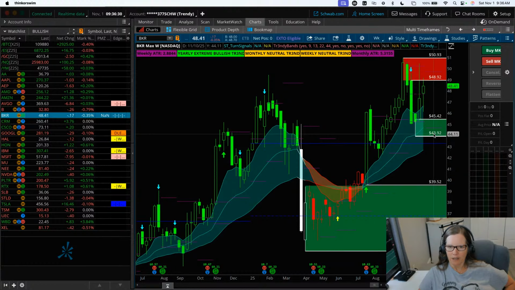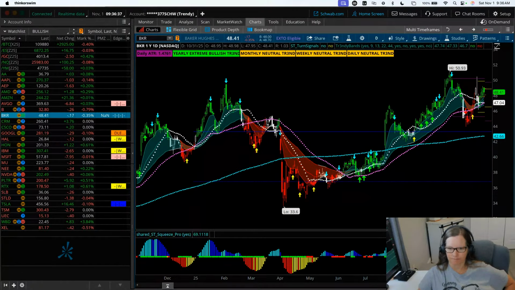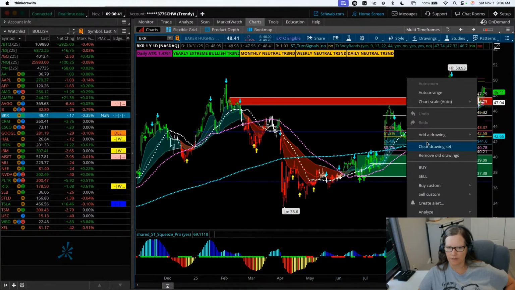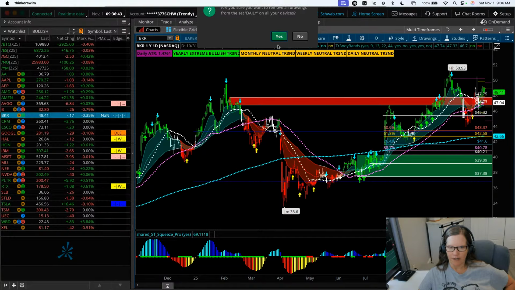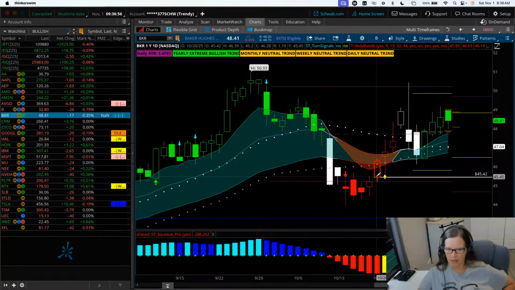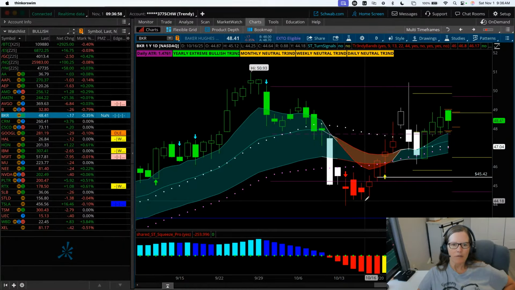So on the weekly 45 to 43, let's look at the daily. I'm just going to clear this. 45 to 43 is my weekly buy zone. Going to look and see, do I have anything before that? Here's an initial candle, the inside and up, the lowest point.